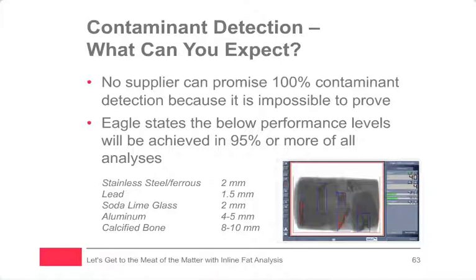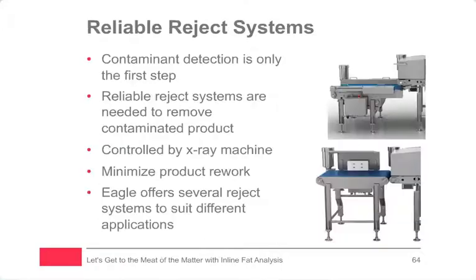We would expect 2mm stainless, 1.5mm lead, 2mm of soda lime glass, approximately 4 to 5 millimeters of an aluminium sphere, and an 8 to 10 millimeter cubed piece of calcified bone to be the minimum level of performance required.